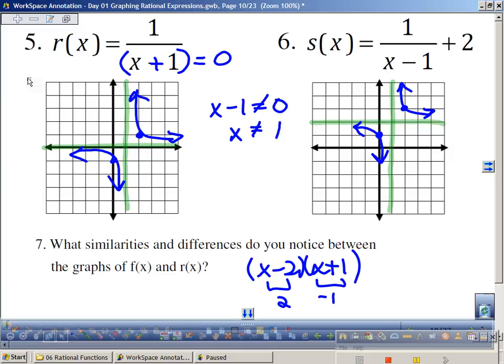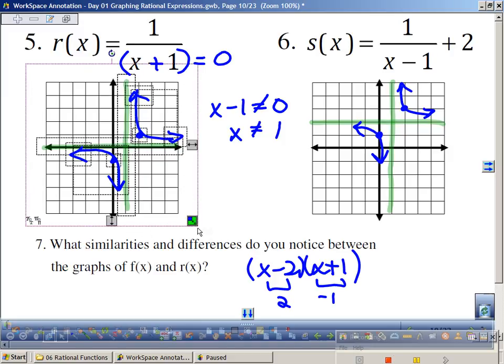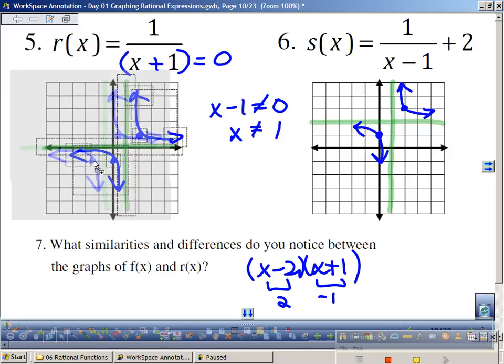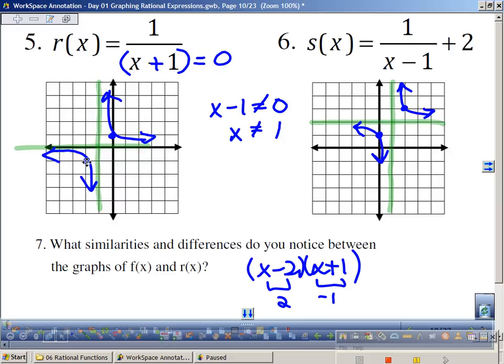Actually, the whole thing, let's see if I can do this. The whole thing would shift right there. Smartboard magic.